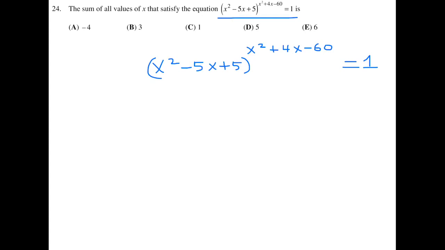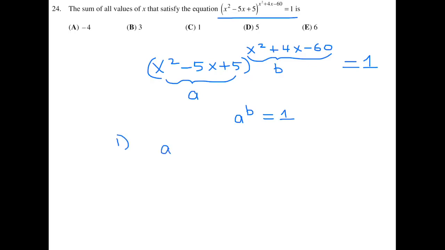Well, if this base is equal to, say, a, and this exponent is equal to b, this will look like a to the b is equal to 1. And how do you get a result of 1 when you have a as the base and b as the exponent? Well, there's a few possibilities.